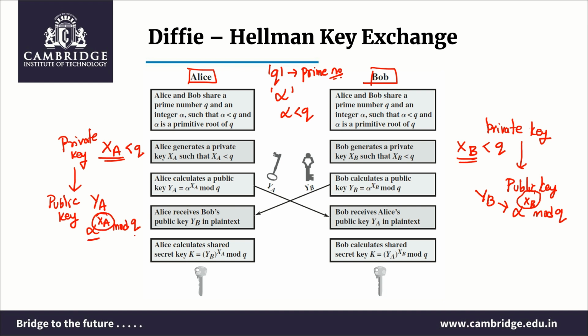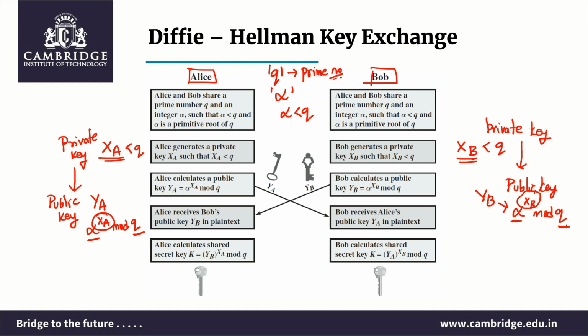But this alpha and q, there is a chance that they are known to everyone because they are global, public parameters. Now, once they generate the public key, as you know, public key means it will be in the repository. What Alice and Bob do is they will exchange their public key. Or you can think like Bob after generating the public key and Alice after generating her public key, they both are going to put it in the repository. The other person will take it.